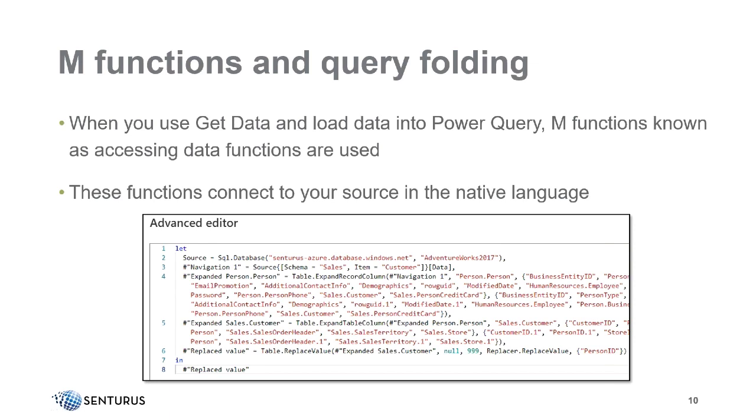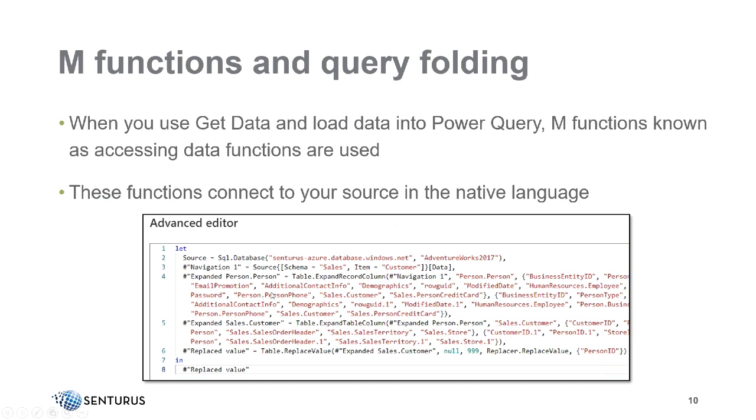And these are functions that you would see in the M that connect to our source in the native language. So Dennis, to your question, there are data functions for SharePoint. There are data functions for Excel. There are data functions for SQL. So those get data functions are in the native language, and they fold.